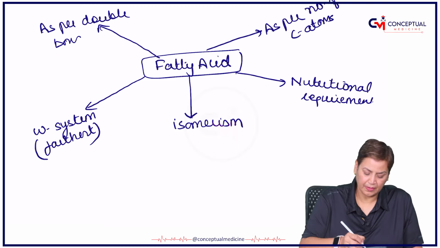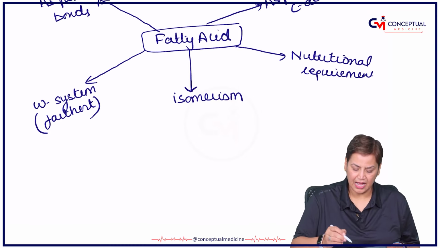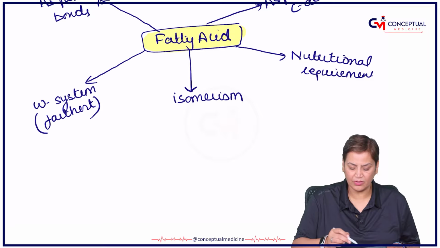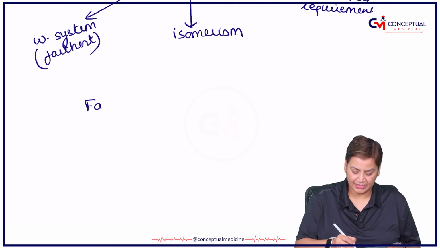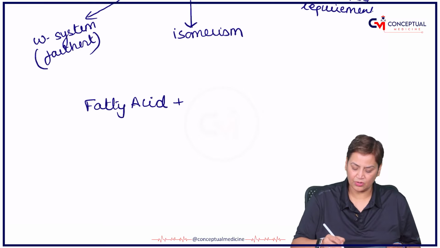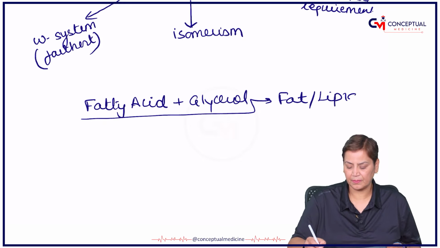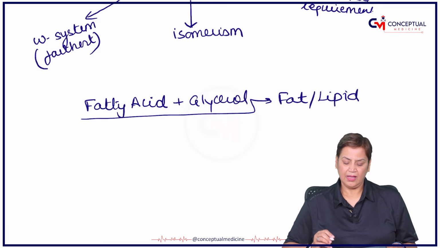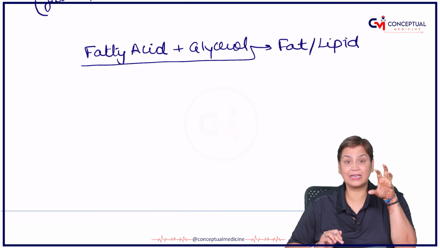So these fatty acids are the ones which lead to the formation of fat. Simply, when a fatty acid combines with glycerol, it will form a fat or a lipid. So that is what our first class says.